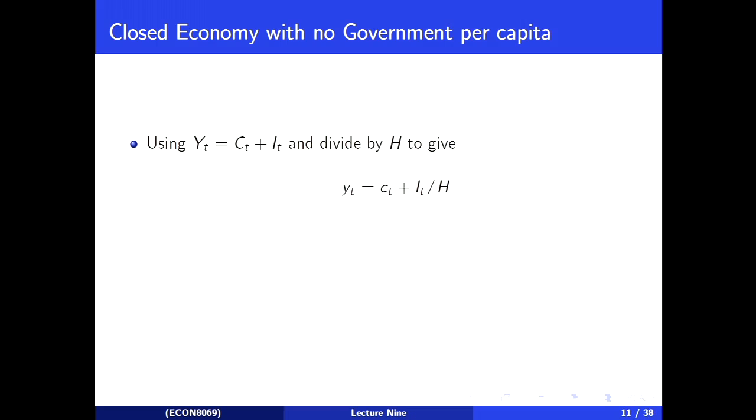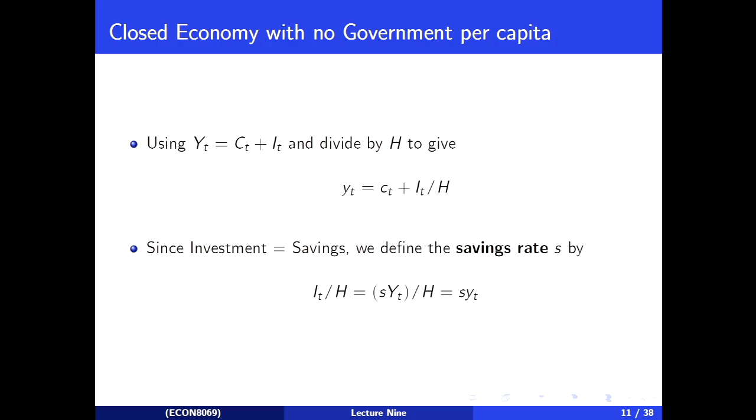Okay, I shouldn't have drawn that yet. I should have waited a bit because I want to talk about it in per capita terms. And again, I do the same sort of thing as previously. I divide everything by H. So I divide this equation here by H to get that output per person is either consumption per person or savings per person. And we get the savings rate is also in terms of this equation here, right?